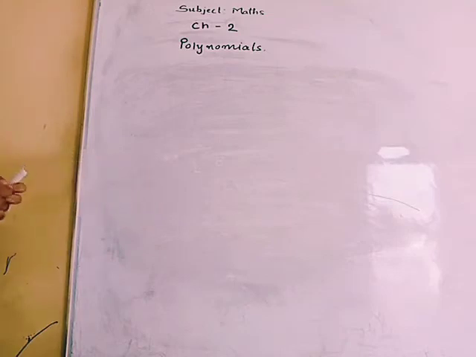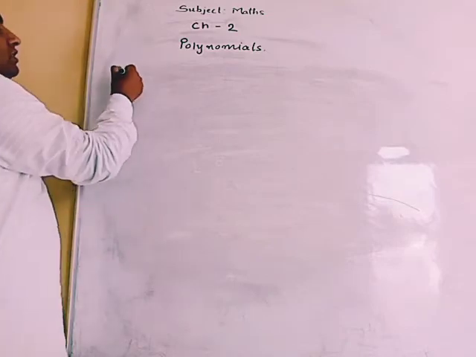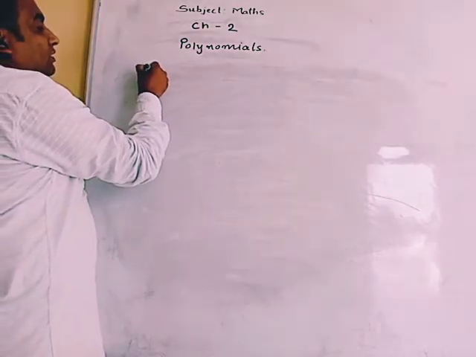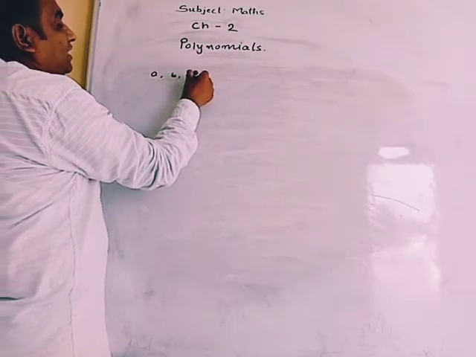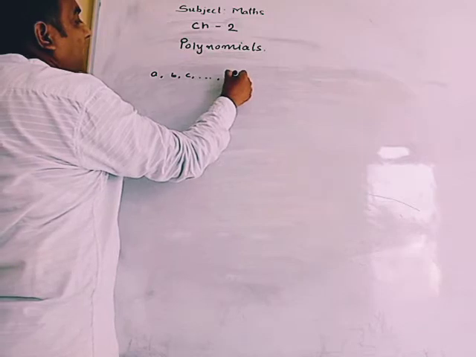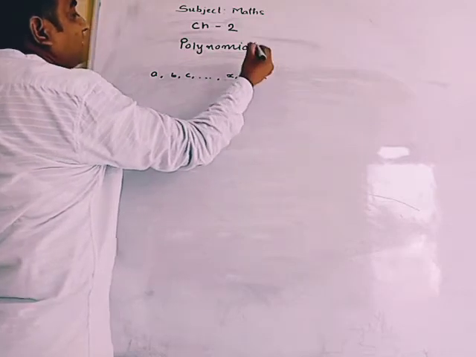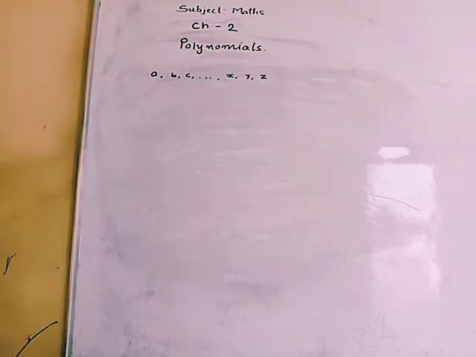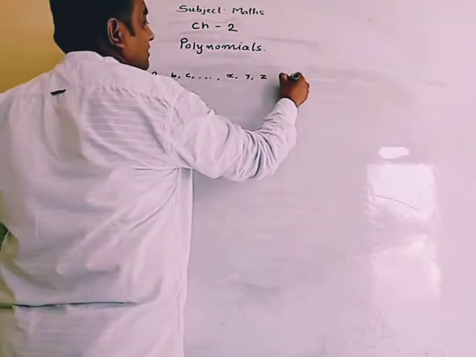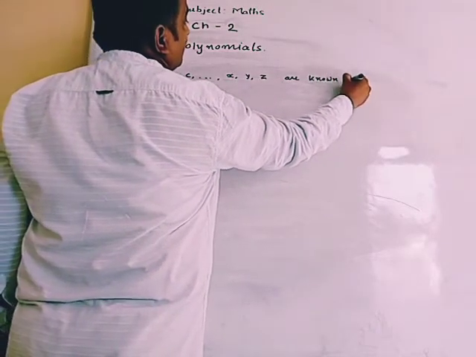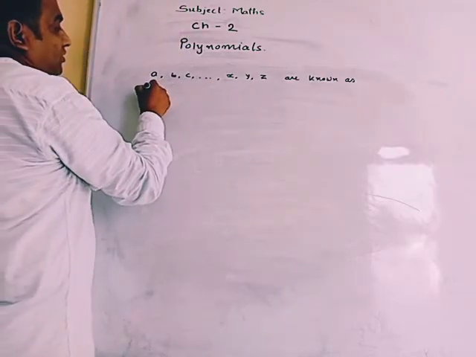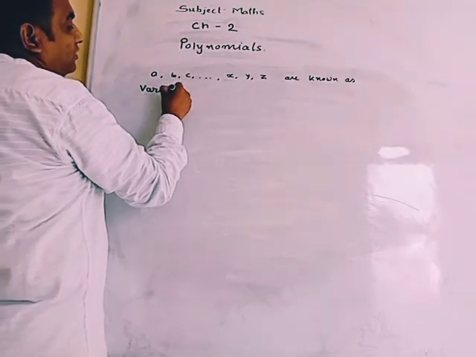So polynomials, now we know that the unknown numbers a, b, c, x, y, z which we use are known as variables.